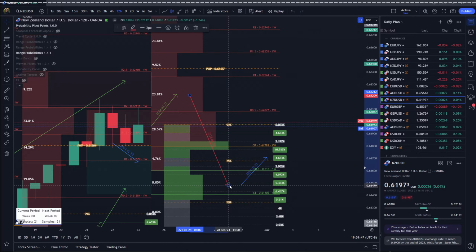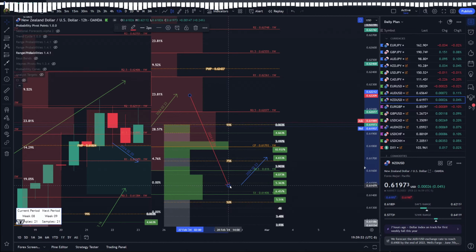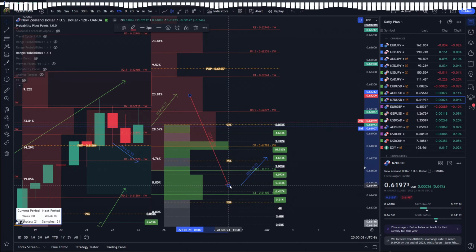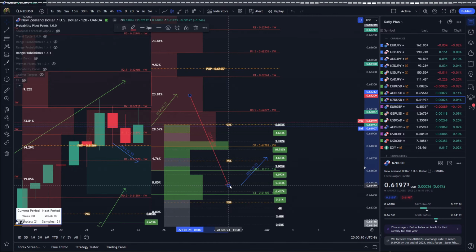Yeah, it depends on how hawkish the RBNZ is going to be. I can only set expectations with the information that I have right now. So as we get new information, then I can update and change my expectations of what to do right there in the moment. And that's just how trading is.